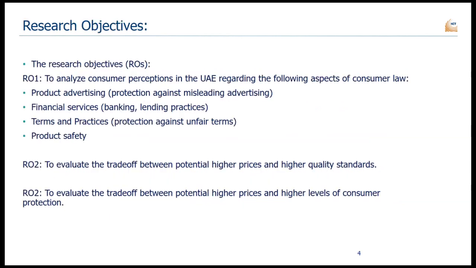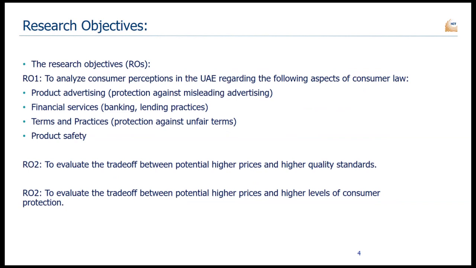So what were our research objectives? Our research objective number one was to analyze consumer protection in the UAE regarding the following aspects of consumer law: product advertisement, financial services, banking, lending practices, terms and practices, protection against unfair terms, and product safety.